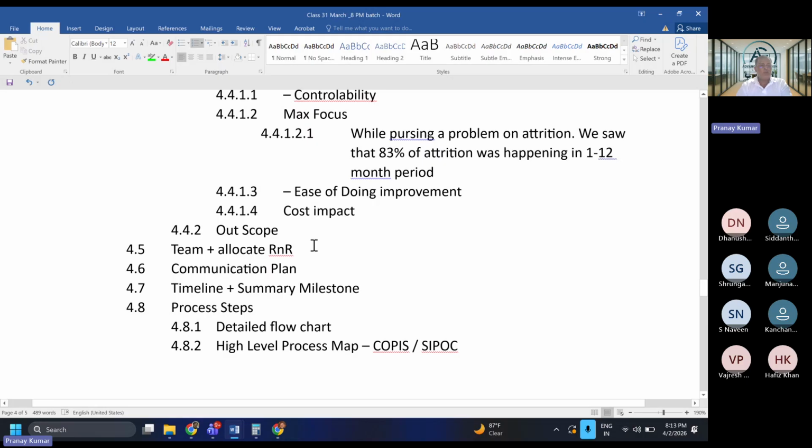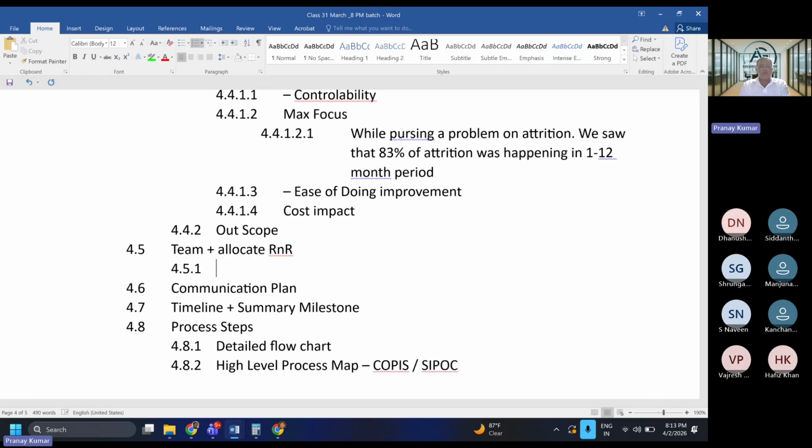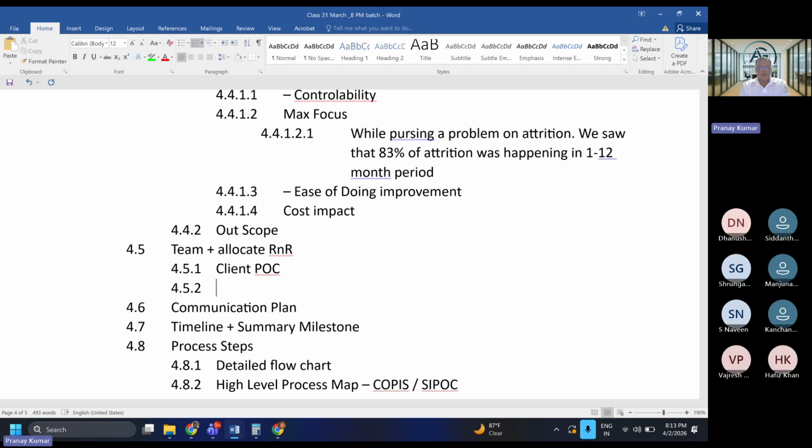Then you are looking to identify who is going to be involved in your project. So you identify a team. Let's say I'm doing a project on quality score. Obviously I will need my client POC to be involved, but I will need the production head or the plant head who could play a role in key decision making for the organization.